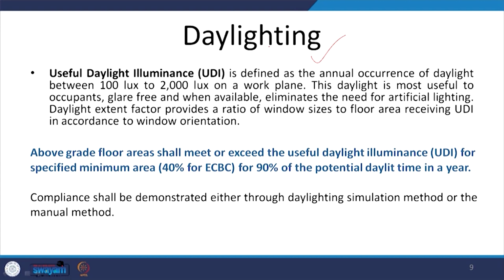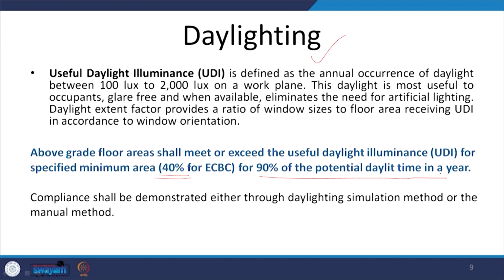So, when we are talking about compliance, a minimum of 40% of the total floor area shall remain daylit for at least 90% of the daylight time in a year.